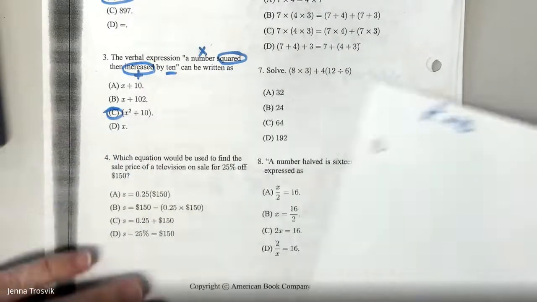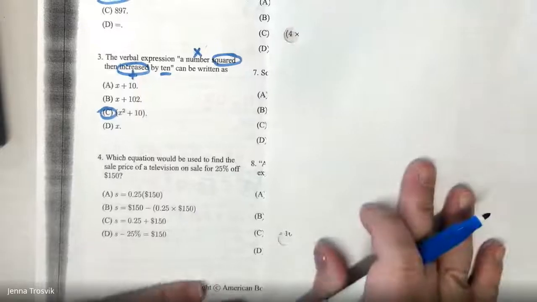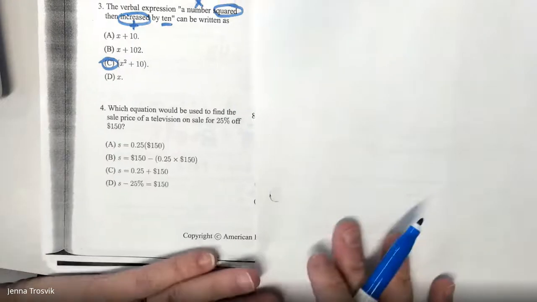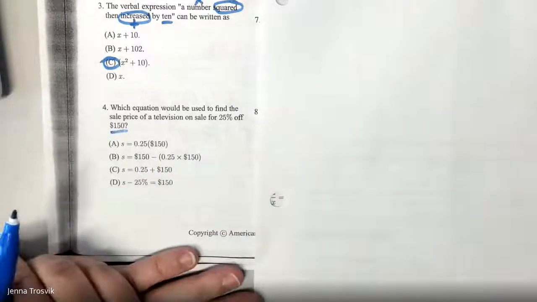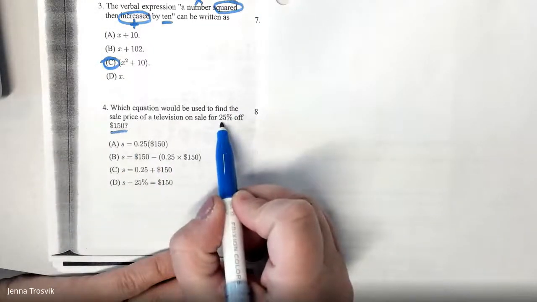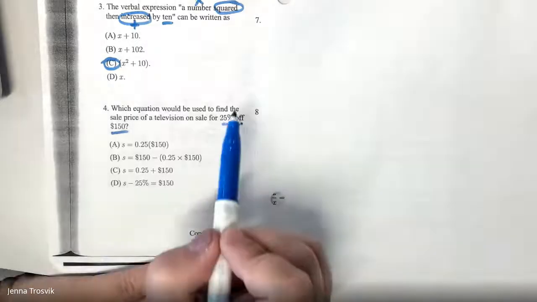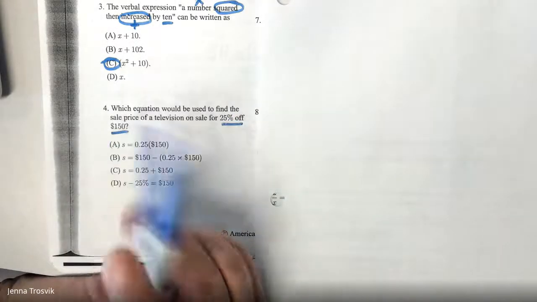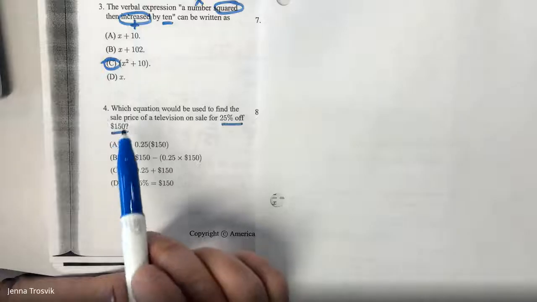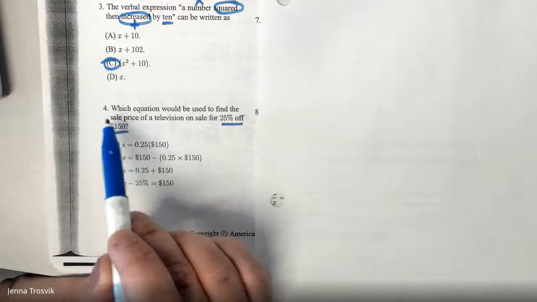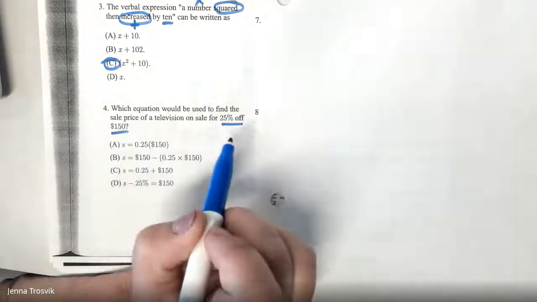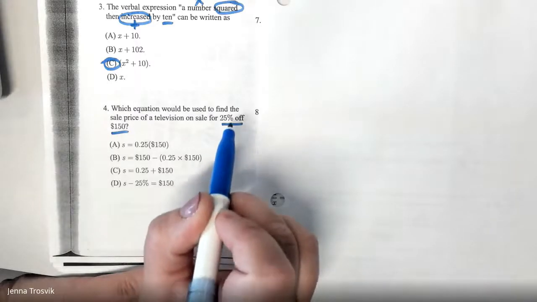All right, number 4. Which equation would be used to find the sale price of a television on sale for 25% off of $150? If our original cost was $150 and we want to know 25% off, 25% of this price is what we are saving. But the reality is, if we want to know the sale price, we want to know what we'll pay. So we are saving this amount and then taking it away from $150.